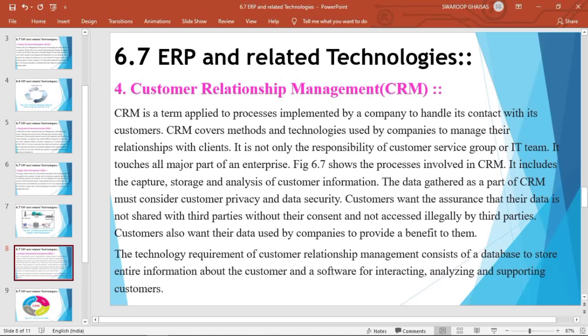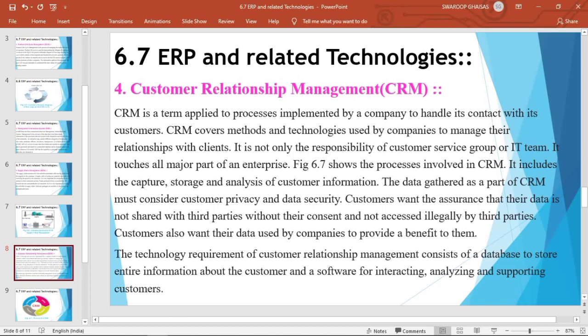Customers also want their data used by companies to provide a benefit to them. So they provide the data so that your company will get enough information from them and will get benefit from that data. The technology requirement of the CRM consists of a database to store the entire information about the customer and software for interacting, analyzing and supporting the customer.